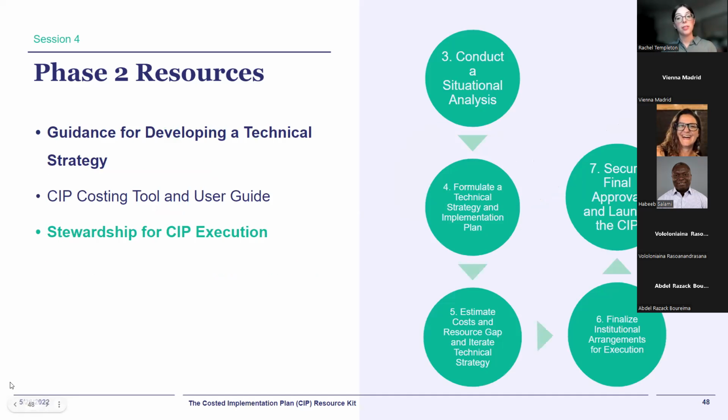Phase 2 focuses on developing the CIP strategy itself, the document that we all know as the CIP. And the key resource in this phase is the guidance for developing a technical strategy.